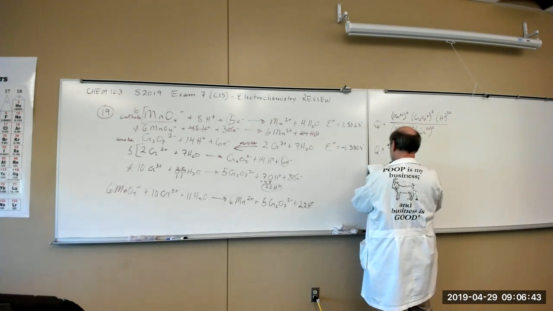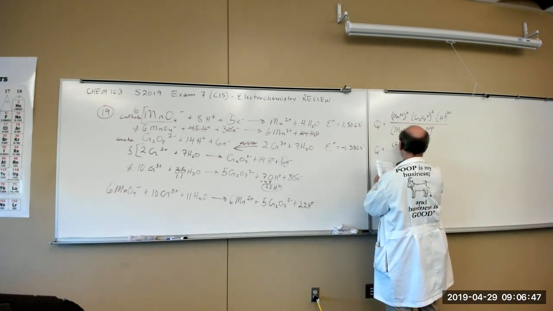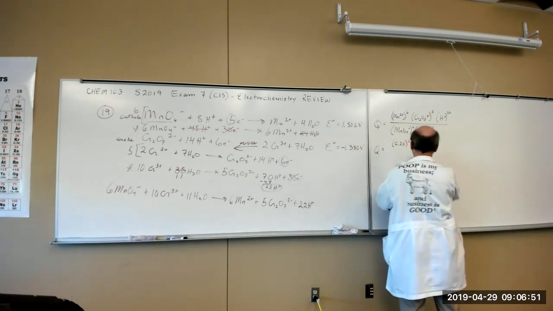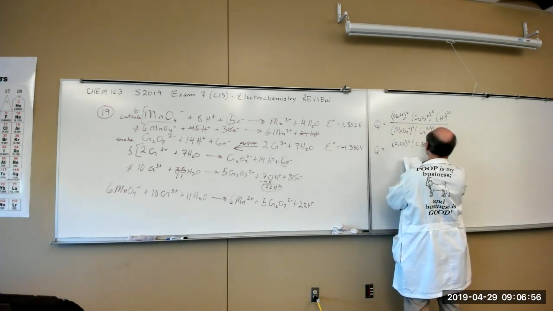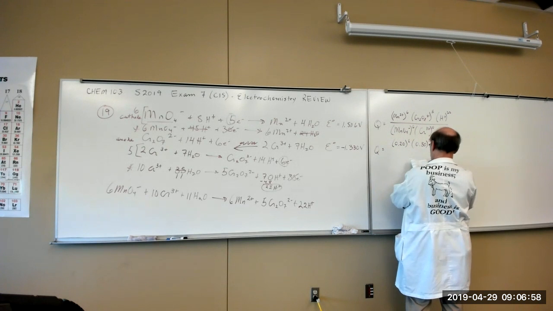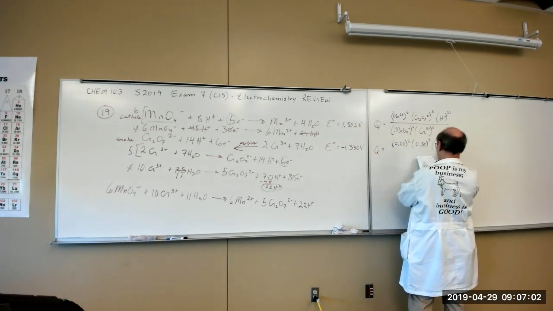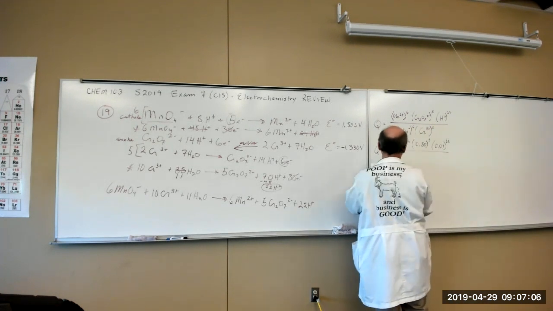So manganese 2 plus, that is 0.2 to the 6th power. Dichromate is 0.3 to the 5th power. And hydrogen ions are 0.01 to the 22nd power.